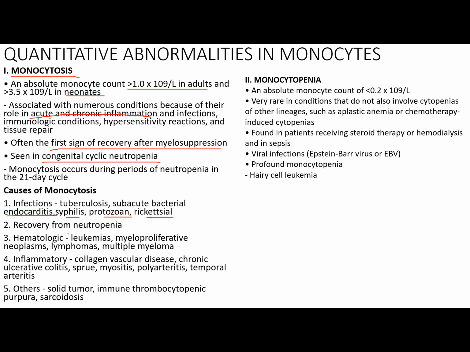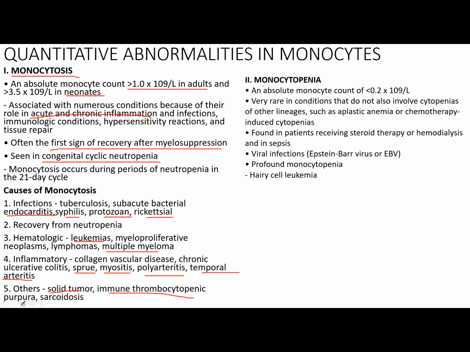Recovery from neutropenia. Hematologic, seen in leukemias, myeloproliferative neoplasm, lymphomas, multiple myeloma. Inflammatory, seen in collagen vascular disease, chronic ulcerative colitis, sprue, myositis, polyarteritis, temporal arteritis. Others would include solid tumor, immune thrombocytopenic purpura, and sarcoidosis.